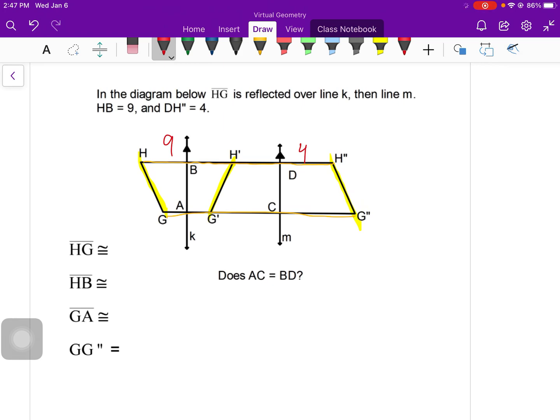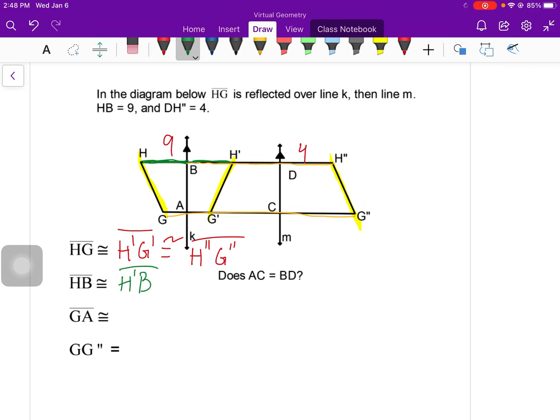Well, HG is going to be congruent to H prime G prime and also to H double prime G double prime because this is an isometric transformation. Remember, when we're saying things are congruent, we have to have that line segment symbol above. Otherwise, we're talking about a number, and a number can't be congruent to anything, so make sure you have your notation correct. All right, now it says HB, segment HB is congruent to what? Well, anytime you are reflecting across, you are going to end up with the same distance away.